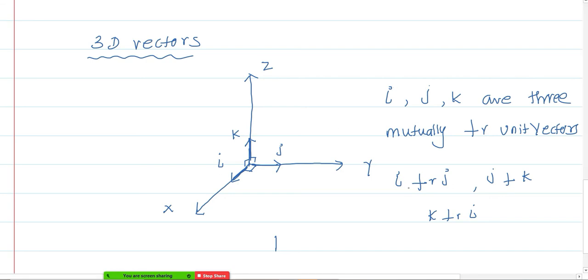So i, j, k are 3 mutually perpendicular unit vectors, which means the modulus of i, modulus of j, and modulus of k should all be equal to 1.